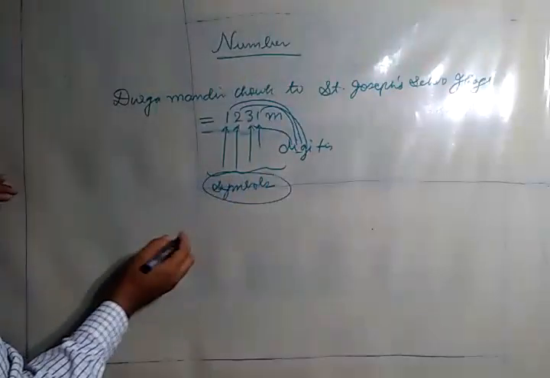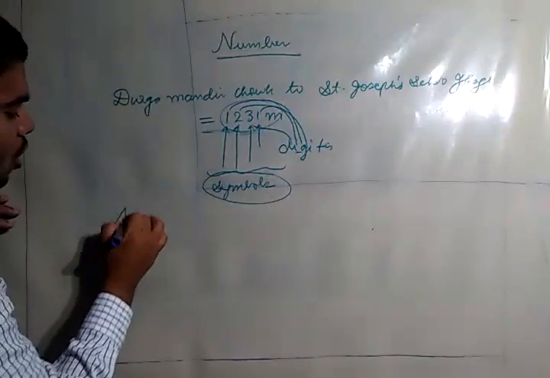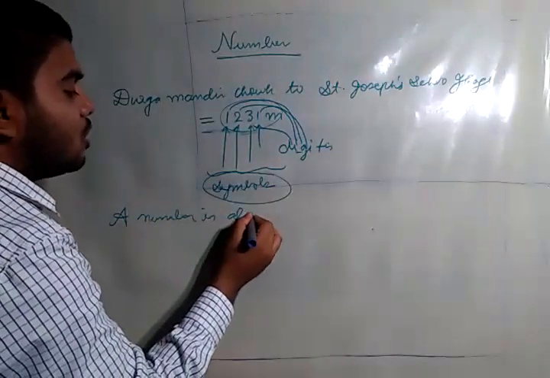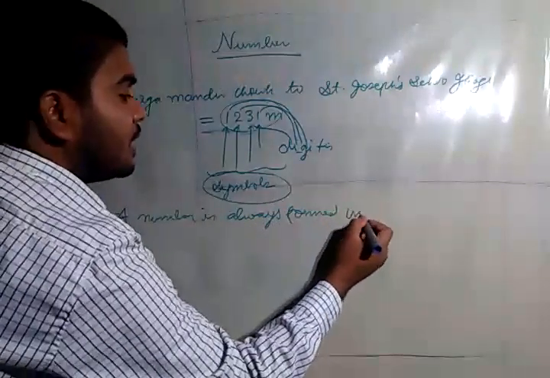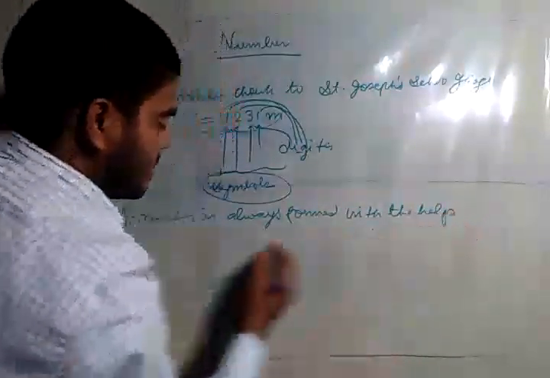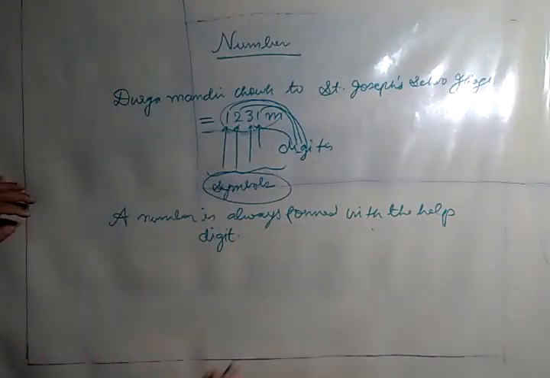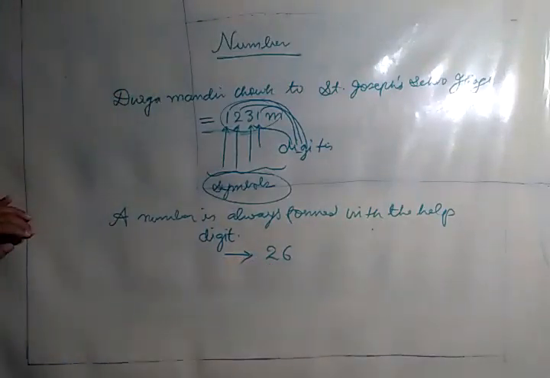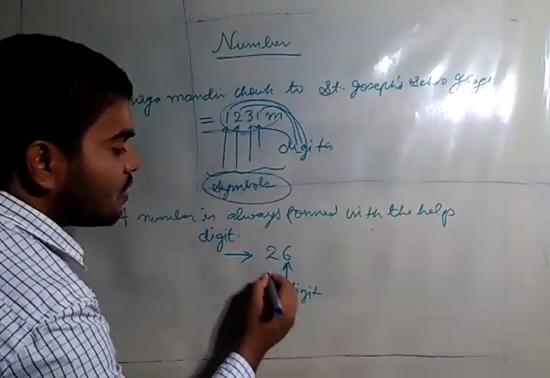So what do you understand? That a number is always formed with the help of digits. For example, if I write 26, this is what? This is a number. Now what is 6 here? 6 is a digit. What is 2 here?